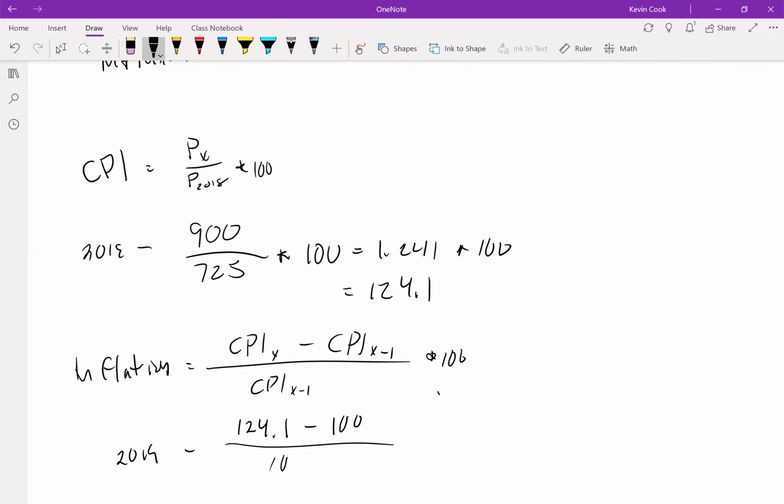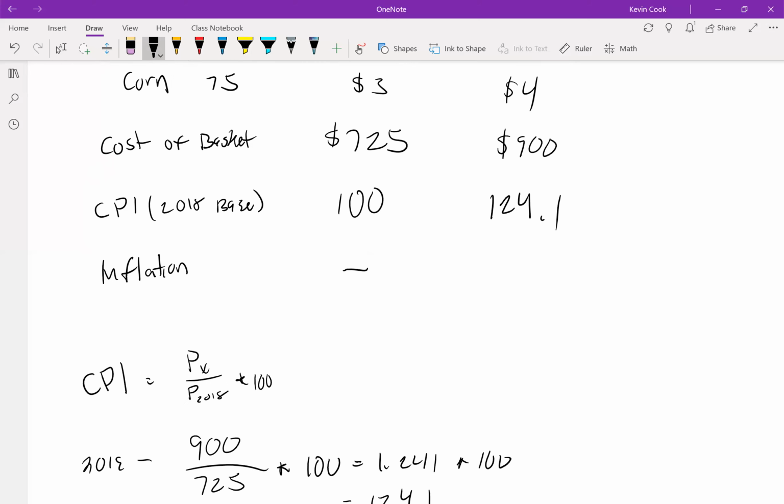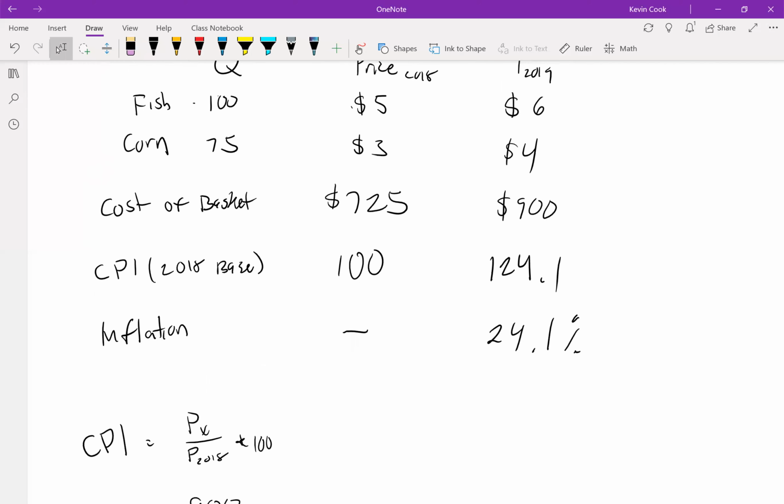Divide by 100 and multiply by 100, and the hundreds cancel out. 124.1 minus 100 is 24.1. So our inflation rate would be 24.1%. We don't have it for 2018 because we would need 2017's data. That runs you through how to calculate inflation.